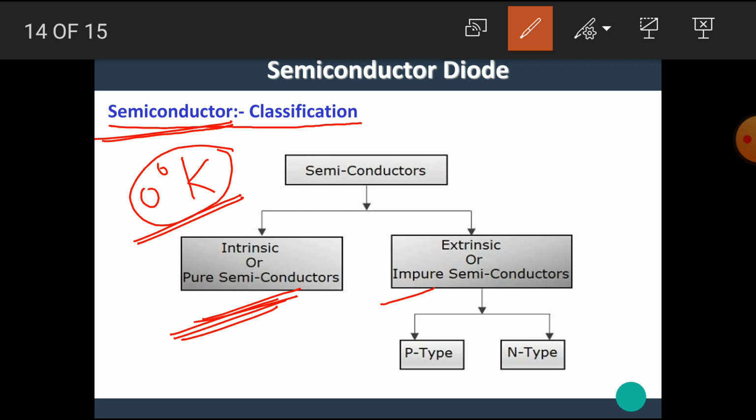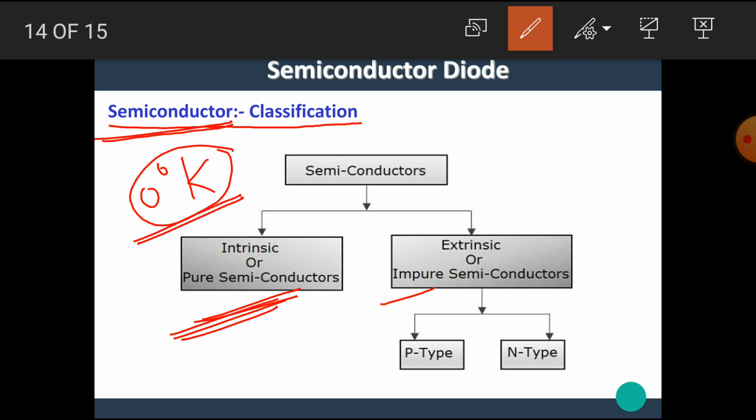But to increase its current carrying capacity, impurities are added into the intrinsic semiconductor material. The process of adding impurities into the pure or intrinsic semiconductor material is called doping.